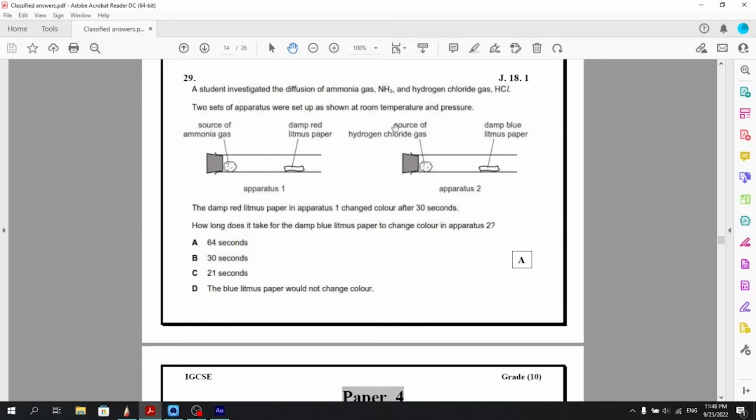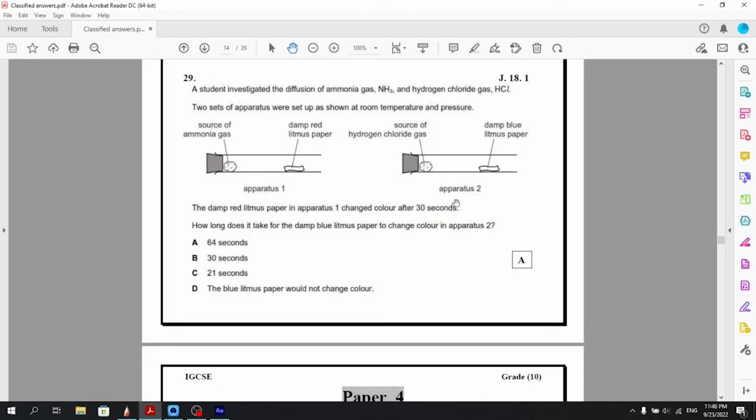Here we have a source of hydrogen chloride gas and damp blue litmus paper. Okay? The damp red litmus paper in apparatus 1 changed color after 30 seconds. Right? How long does it take for the damp blue litmus paper to change color in apparatus 2?